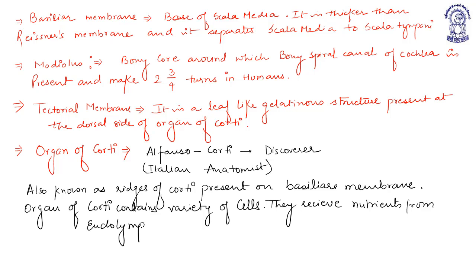There are different types of cells present in the organ of Corti. So it is also known as ridges of Corti, which is present on the basilar membrane, and its cells receive nutrients from endolymph. In this next slide, I will be talking about the different types of receptor cells of the organ of Corti.